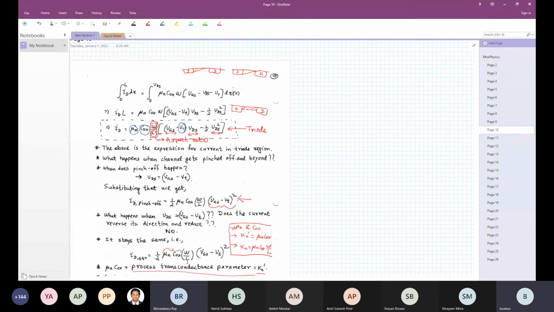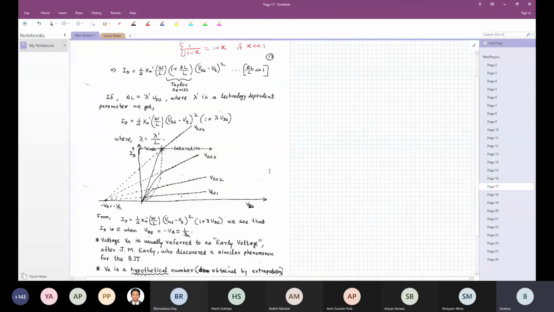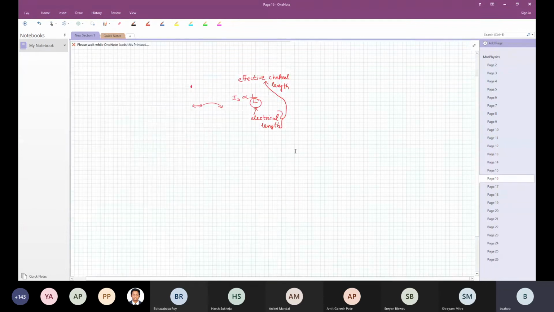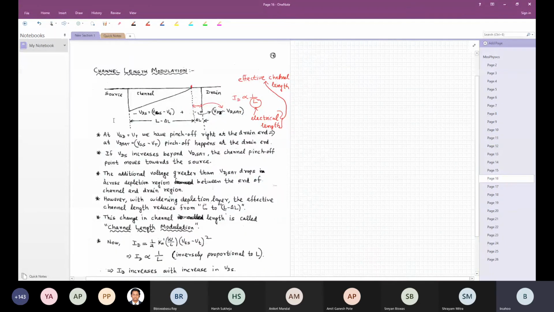Yes, sir. Sir, can we say that we are maintaining the same voltage across both ends of the channel, and as we are decreasing the length, we are increasing the electric field? Perfect. Who is this? Sir, Vishwabasu Roy. That's a very good way of saying it. I'm glad that you said it that way. So what he said is that this voltage from here to here is the same, correct?